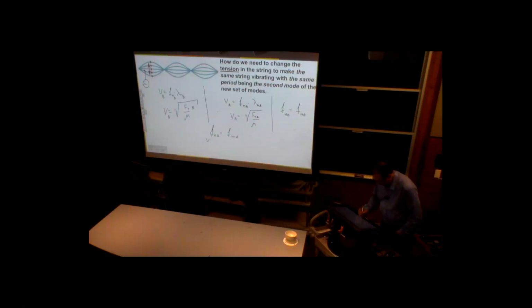So speed before divided by wavelength before should be equal to the speed after divided by wavelength after. Actually, there is an easier way.